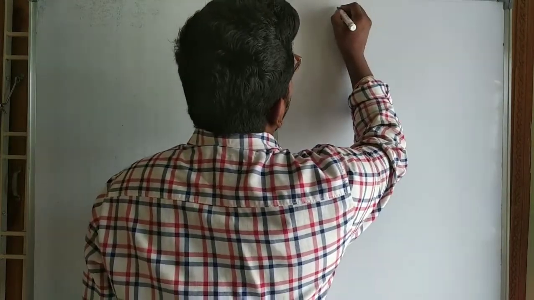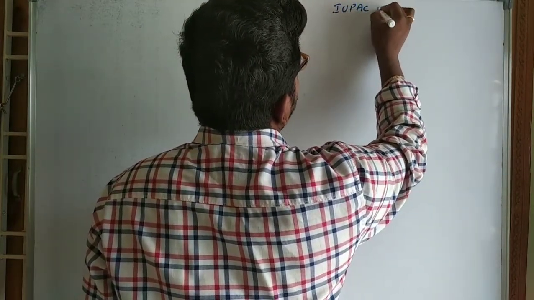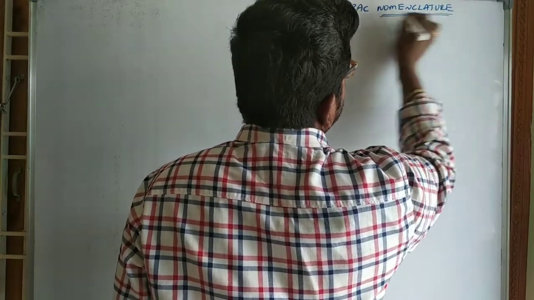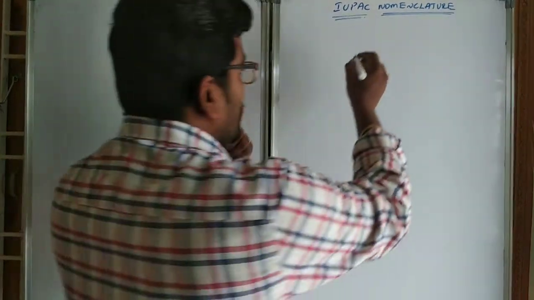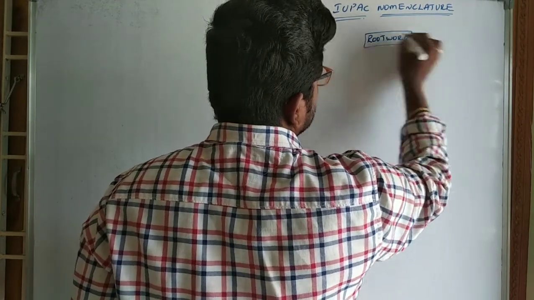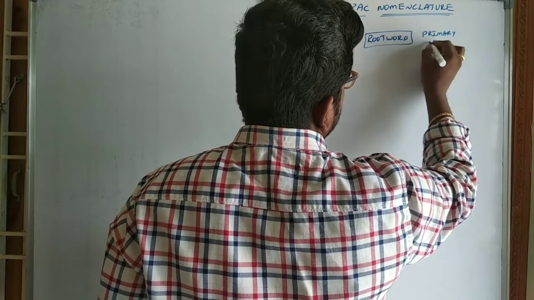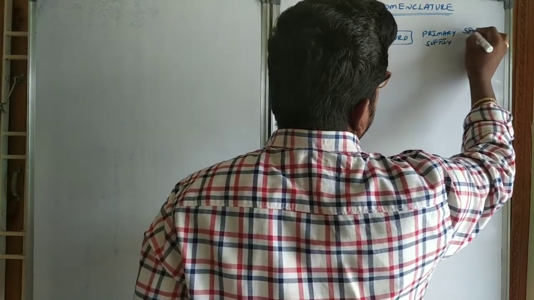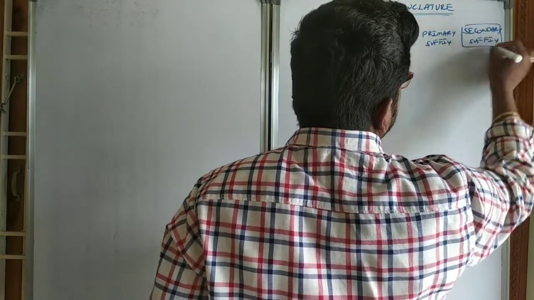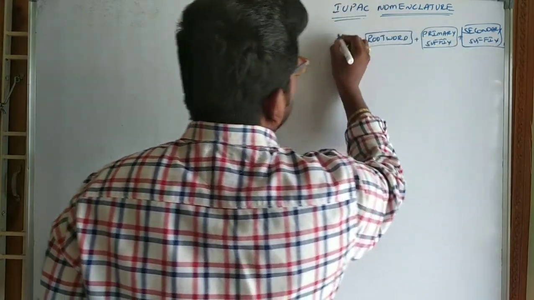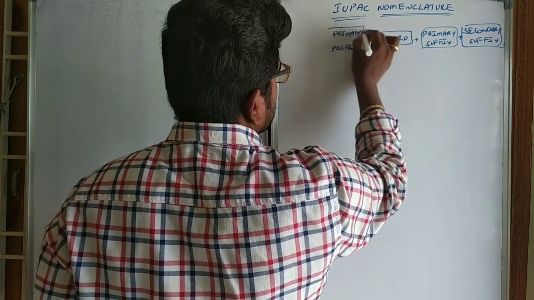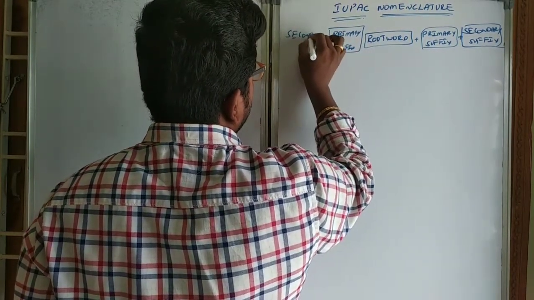Let us see IUPAC nomenclature. Let us discuss the basic skeleton: root word, primary suffix, secondary suffix, primary prefix, secondary prefix.